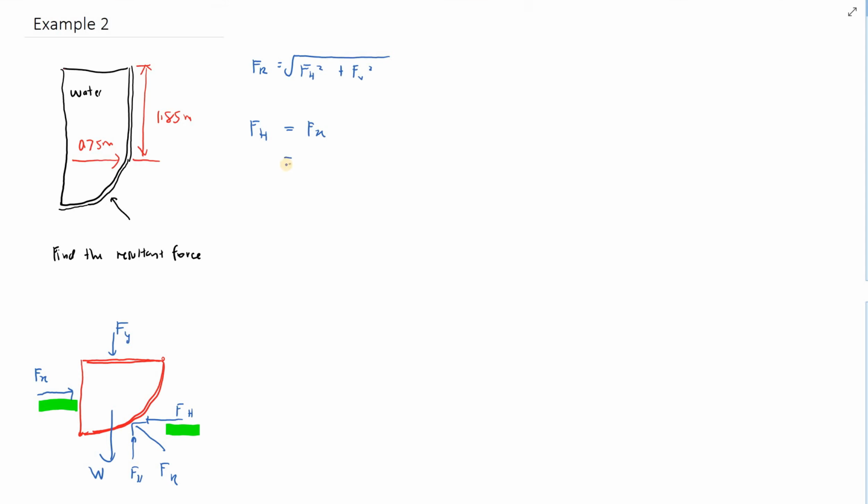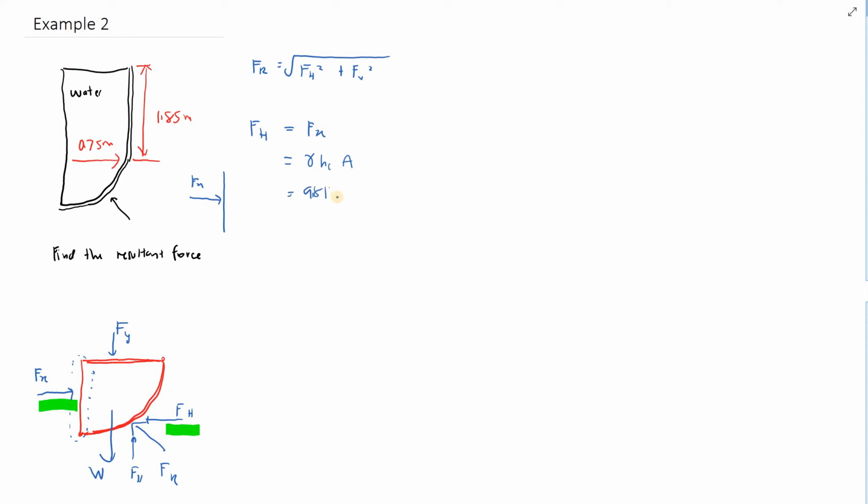So again, take this vertical plane surface as your point of interest, where your Fx is acting onto the surface. So you will have gamma Hc A.